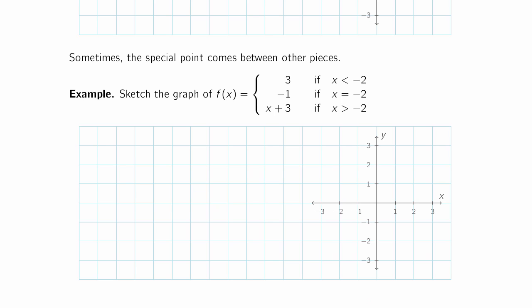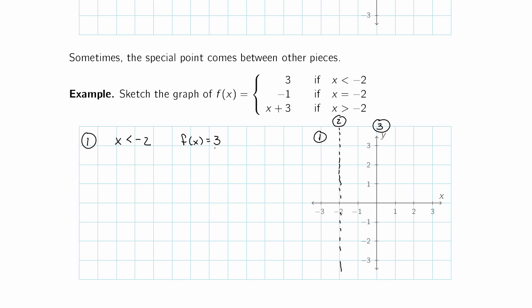In this example, our graph is divided into 3 parts. We have a piece to the left of -2, a piece right at -2, and a piece to the right of -2. So piece number 1 is the part where x is less than -2. And on this part, f of x equals 3. That's a constant function. Its graph is going to be the horizontal line at 3.